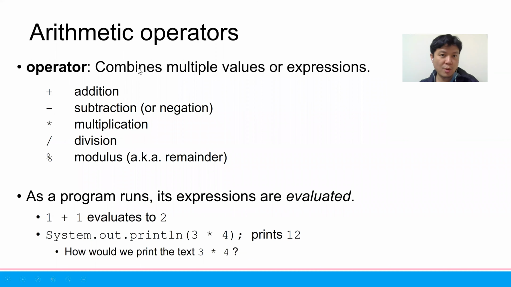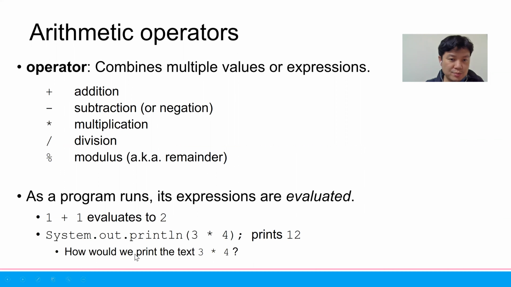If you want to combine multiple values or expressions, you can use these operators. For example, if you have 1 plus 1, the result will be 2. If you have 3 multiplied by 4, the result will be 12.